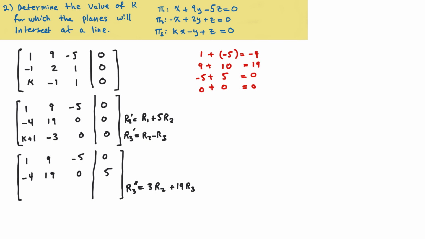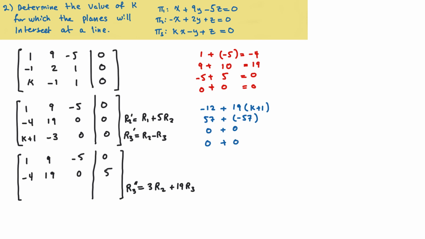So I'll do the additions on this side over here. 3 times R2, I am going to have 3 times negative 4, which is negative 12. 3 times 19, which is 57, 3 times 0, 3 times 0, and I'm adding that to 19 times R3, so that's going to be 19 times k plus 1, 19 times -3, which is -57, and I'm going to have 0 and 0 here.